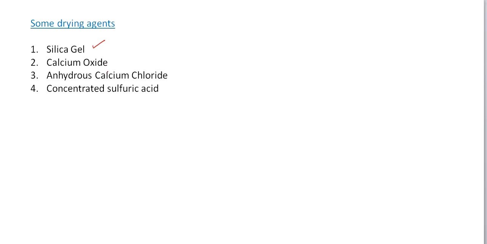So another drying agent is calcium oxide. We also have anhydrous calcium chloride and concentrated sulfuric acid. So these are 4 typical drying agents you will encounter.